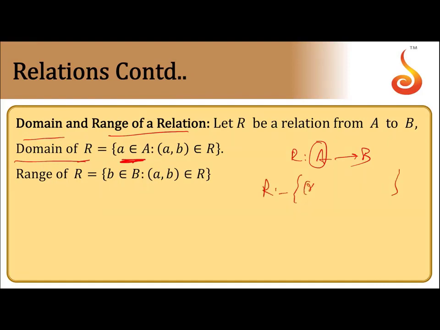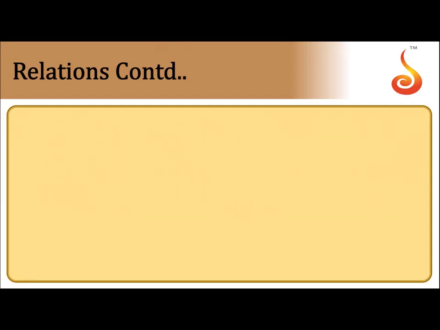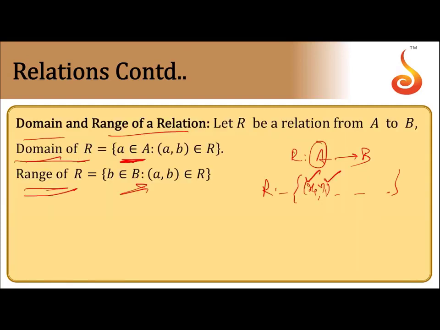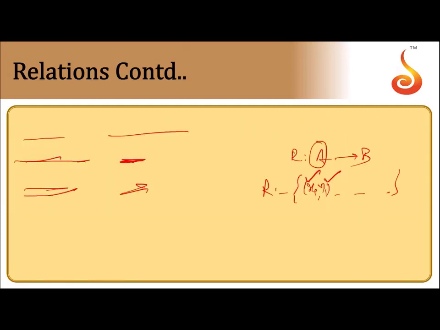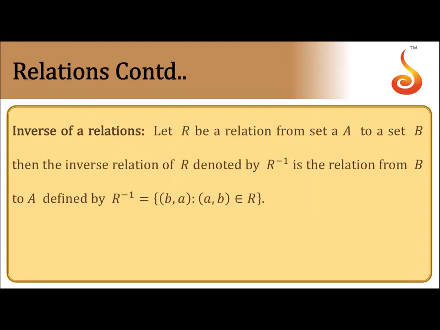When R is equal to {(x1, y1), ...}, the set of all first coordinates is the domain, and the set of all second coordinates is called the range of the relation.